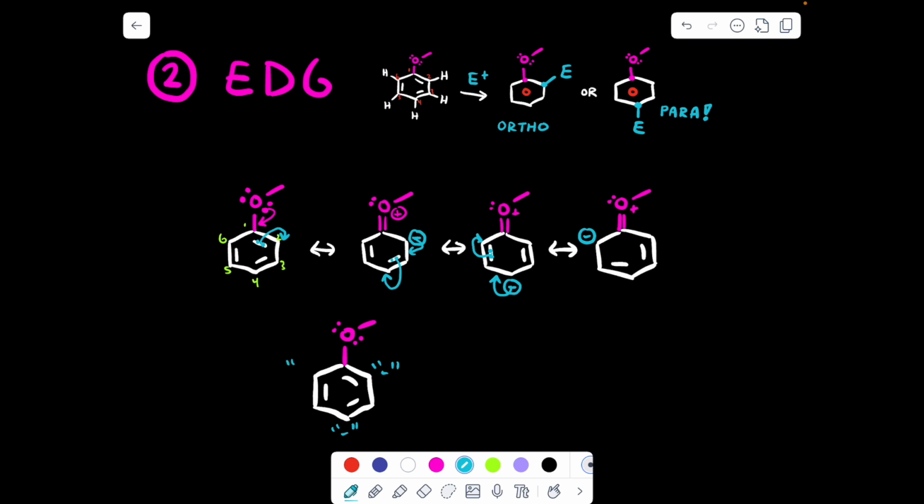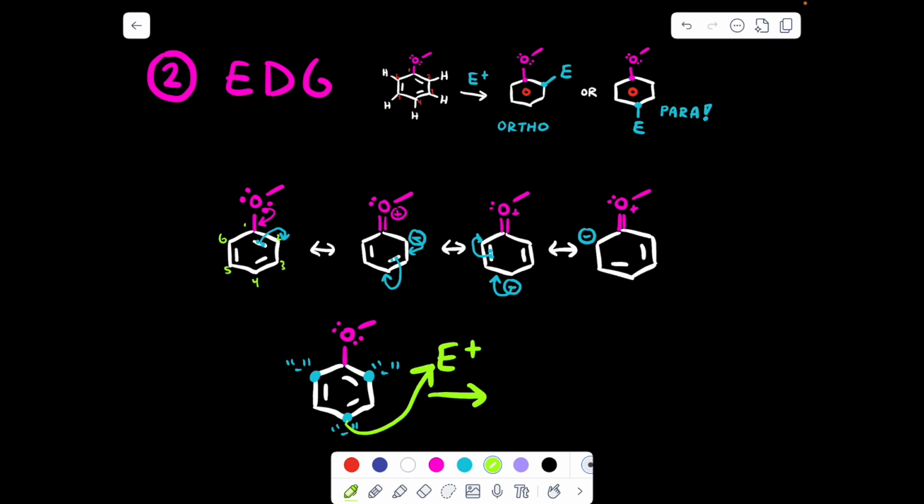So there's an excess amount of electron density at the ortho and the para positions when an electron donating group is on the ring. So since opposites attract, when you toss in some E+, who's more likely to react? Well, carbon number 2 or carbon number 4.